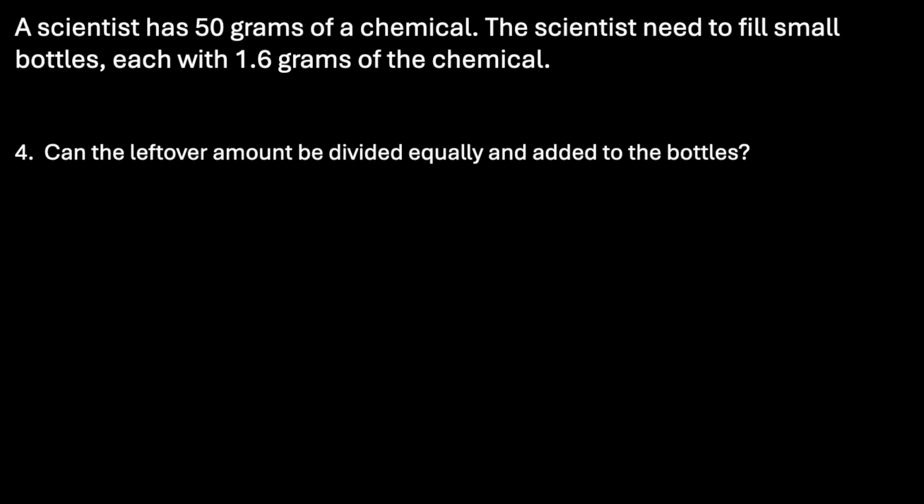Now, can we add the leftover, which is the 0.4 grams, into each of the 31 bottles equally? I don't know. I mean, it's not practical for, I'll say, two main reasons. The first reason is precision.